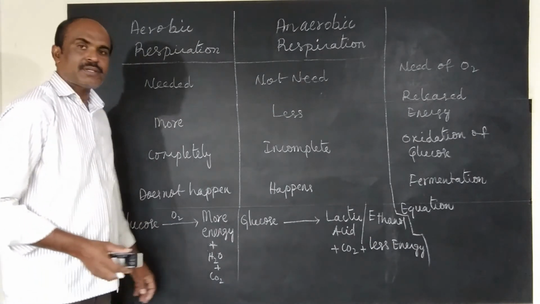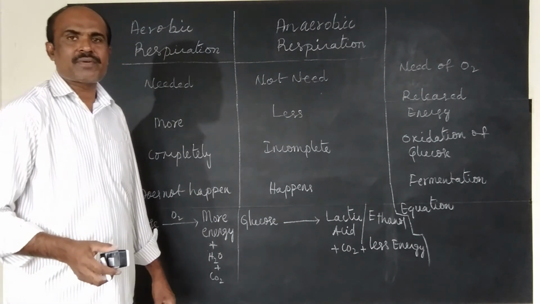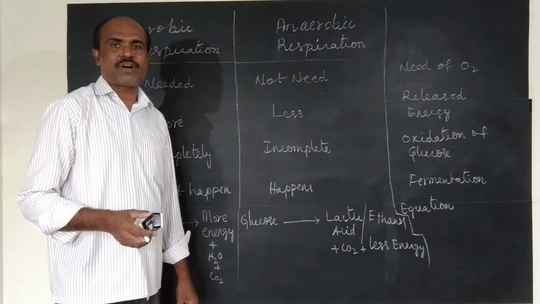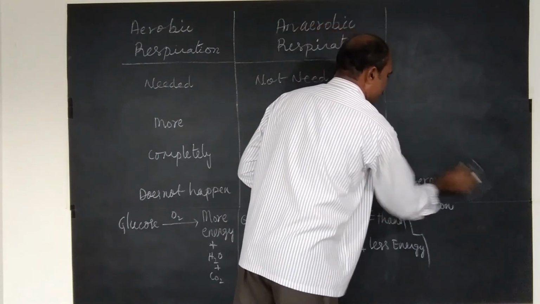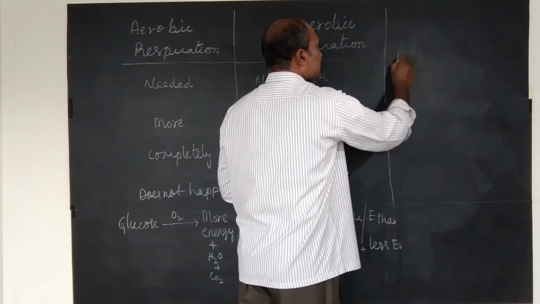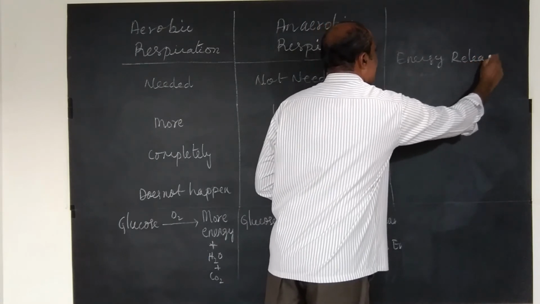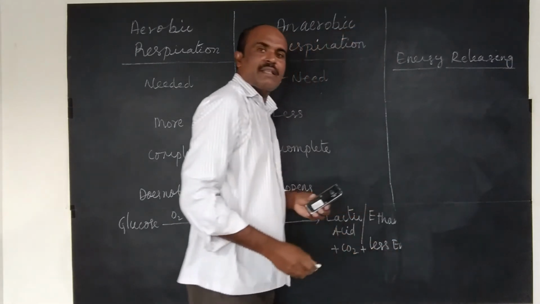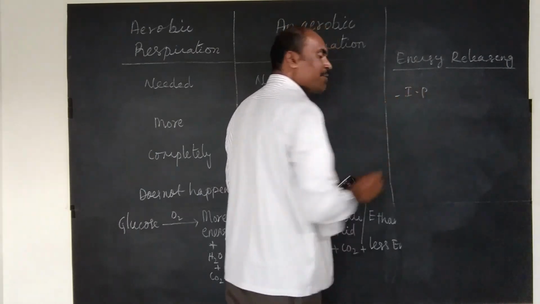Now let us talk about, see here, more energy is released. This energy is released in the form of inorganic phosphate. It is added to ADP, resulting in the formation of ATP. Let us discuss about it. The energy releasing process: the energy is released in the form of inorganic phosphate, IP.